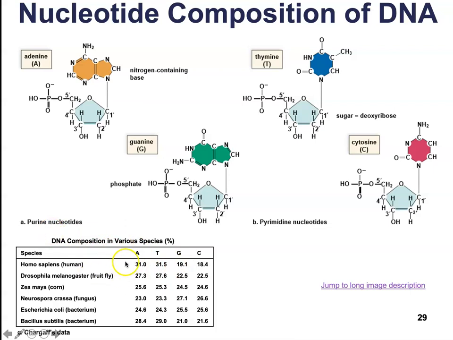So humans are roughly 31% adenine, 31% thymine, roughly 19% guanine, roughly 18% cytosine. However, in fruit flies, the numbers are going to be much more even: 27% adenine, 27% thymine, 22.5% guanine, and 22.5% cytosine. I'm not going to go through all of these, but these ratios vary from species to species.